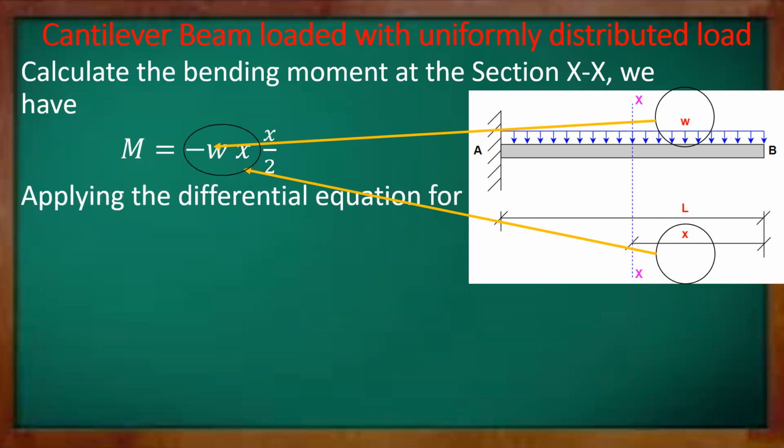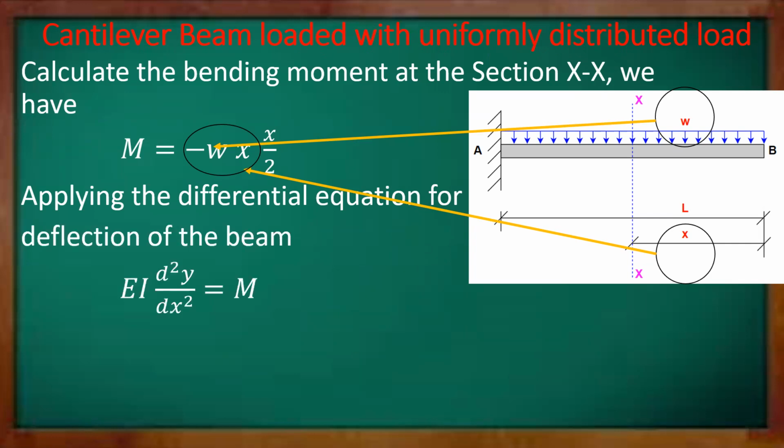So the bending moment, after finding, we are going to put in our differential equation for the deflection of the beam, which is nothing but EI d square y by dx square is equal to M. So when you substitute, you get EI d square y by dx square is equal to minus w x square by 2, which is our first equation.